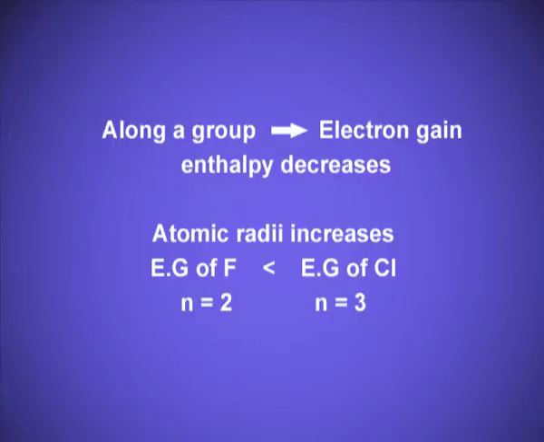Along a group, electron gain enthalpy decreases from top to bottom because the atomic radii increases. For example, electron gain enthalpy of fluorine is less than electron gain enthalpy of chlorine. It is only due to the increase in the size of the shell, as in the case of chlorine the size is larger than fluorine.